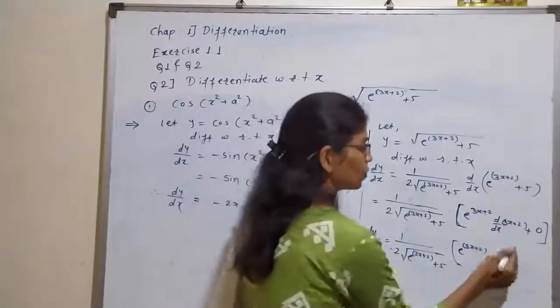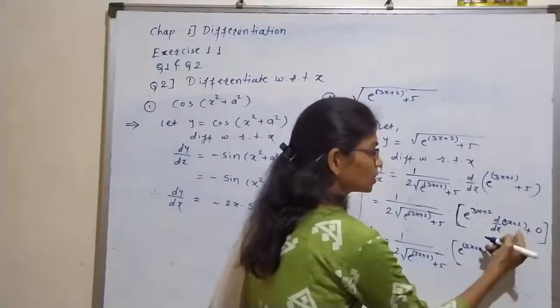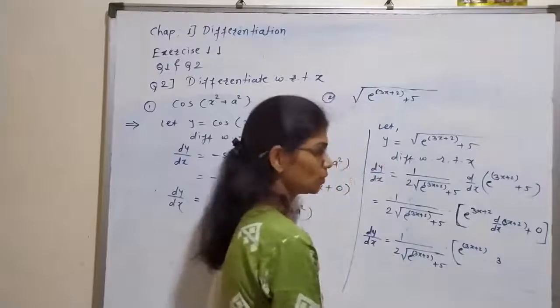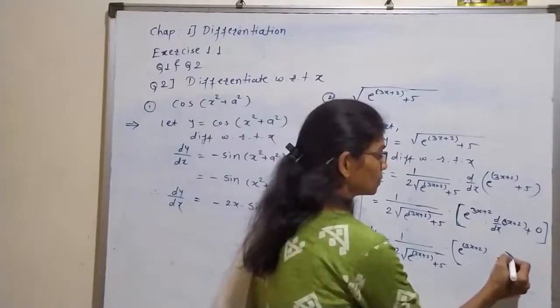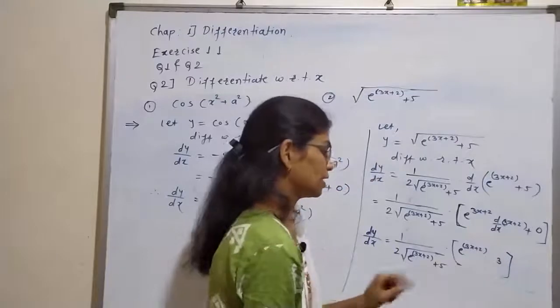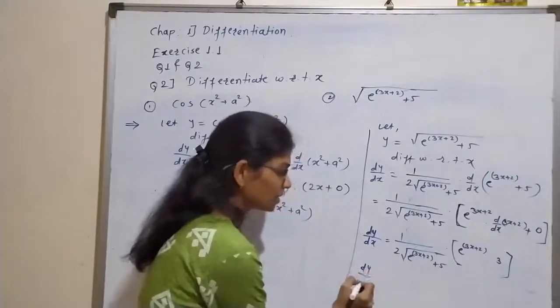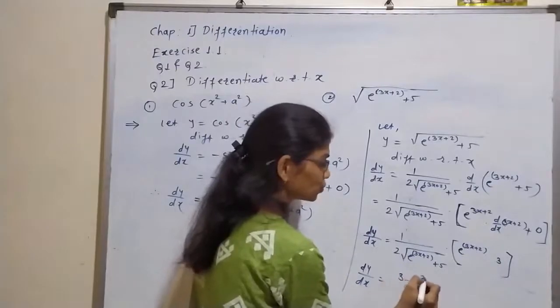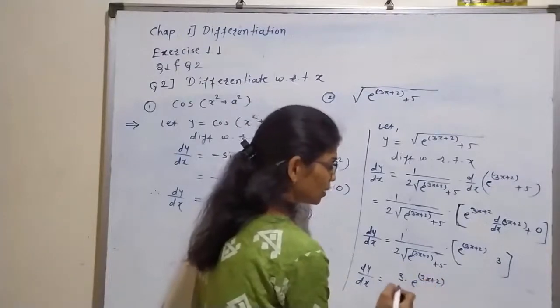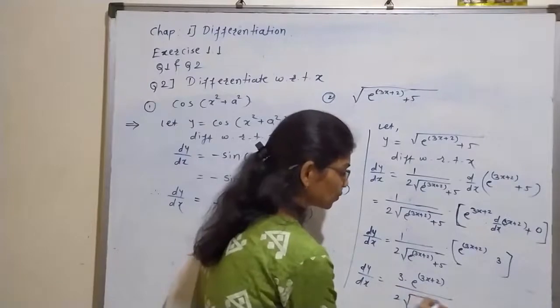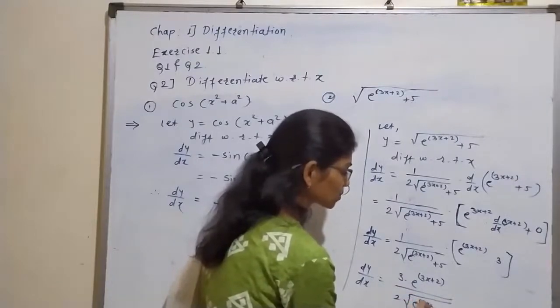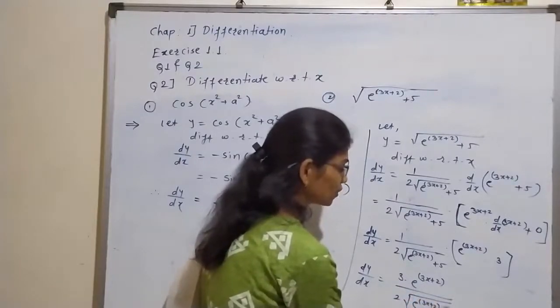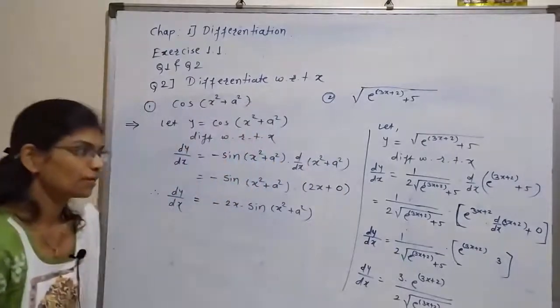The derivative of 3x is 3, plus the derivative of 2 is 0. That is why dy by dx is equal to, in the numerator, 3 into e raised to 3x plus 2, divided by 2 into square root of e raised to 3x plus 2 plus 5. That is our final answer.